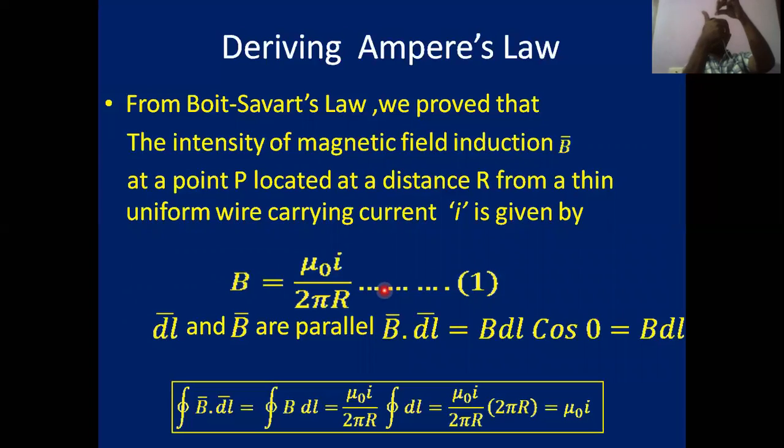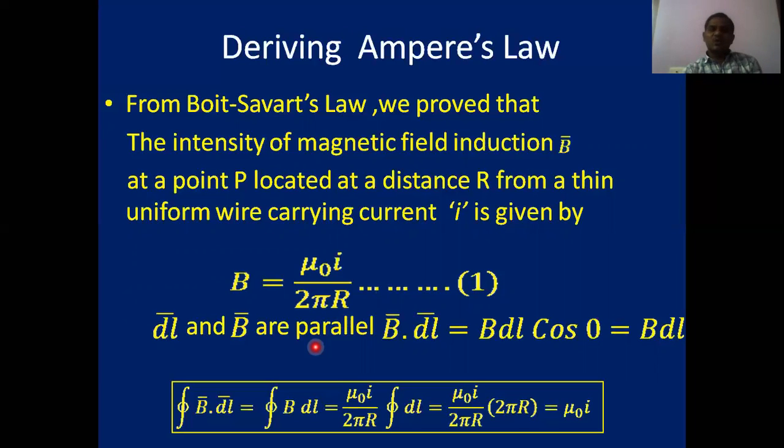Since we have the magnetic lines of force in the anti-clockwise direction, here the direction of B bar is like this. The direction of B bar is in this direction. dL bar direction is also along the tangent line direction. So here B magnitude is mu naught I by 2 pi R. B bar and dL bar are in this direction.